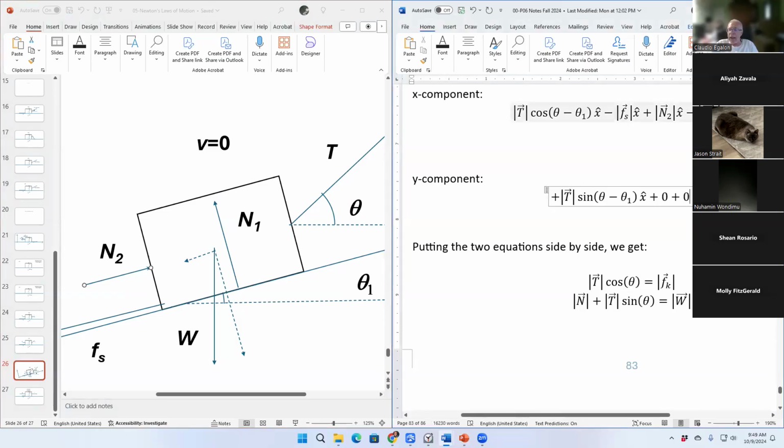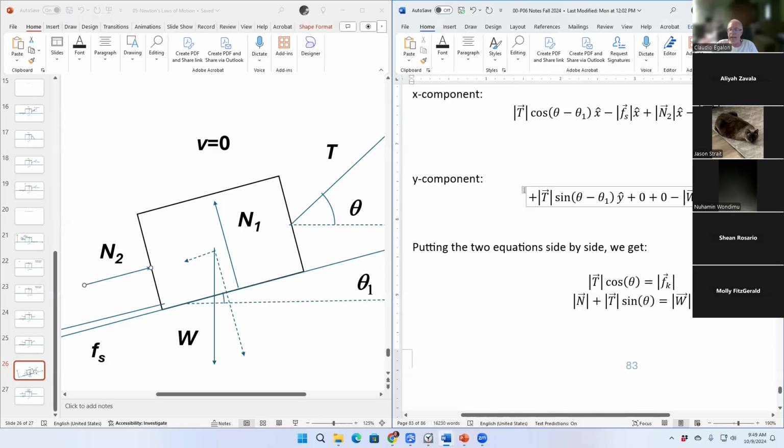Now we have to go for the weight. The weight has a vertical component, and this vertical component points along the negative direction of the y-axis. Oh, and by the way, that's not y-x hat, this is y hat. Here you go: minus Wy y hat.